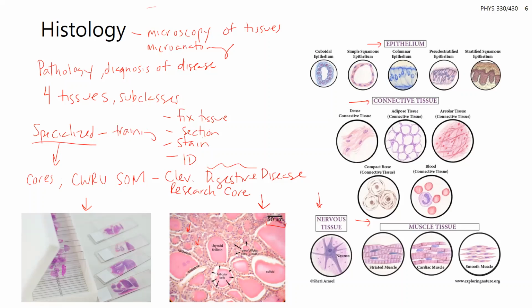When I sacrifice a mouse, mice are worth a lot, so I try to make it worth it when I'm sacrificing an animal, because they are worth a lot of money. So I collect a number of organs: spleen, kidney, liver, bone marrow, peripheral blood, and I perform histology on all of them. Yeah, that's a lot of organs and tissue.